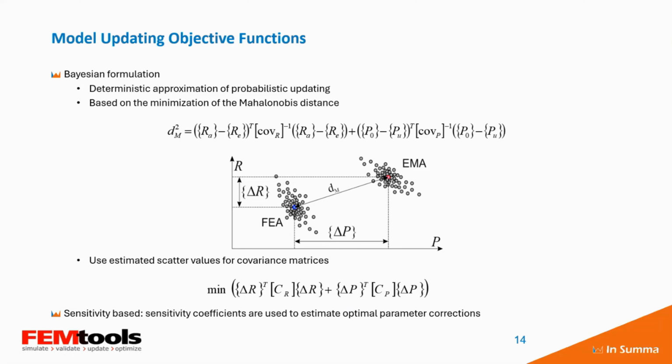This is quite essential, and it's also a very specific feature of the model updating objective function, and is what makes it different from a classic optimization problem, for example. And these statistical concepts are why we call this approach the Bayesian formulation.